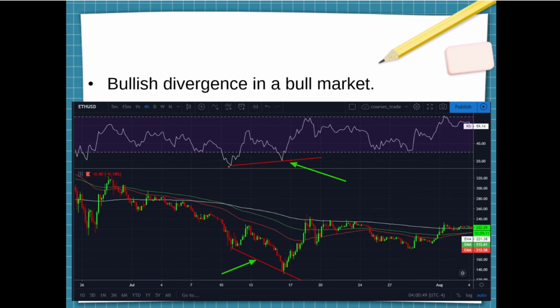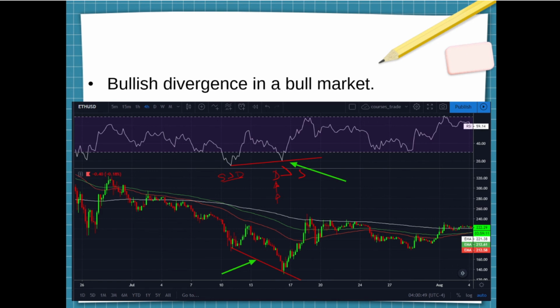This means at that moment in time, the supply was bigger than the demand, and all of a sudden, even if the price is going down, the demand gets bigger than the supply. And there are many reasons: short sellers closing their shorts, people that are increasing their long position. This can increase the demand, and then you get this divergence right there.